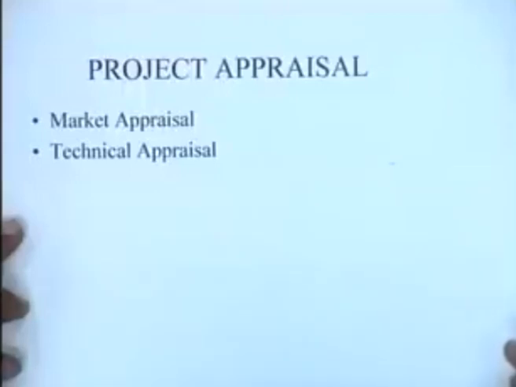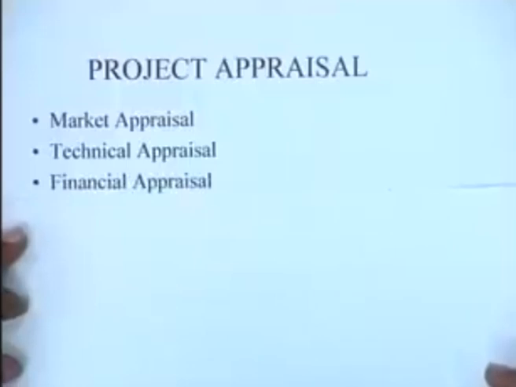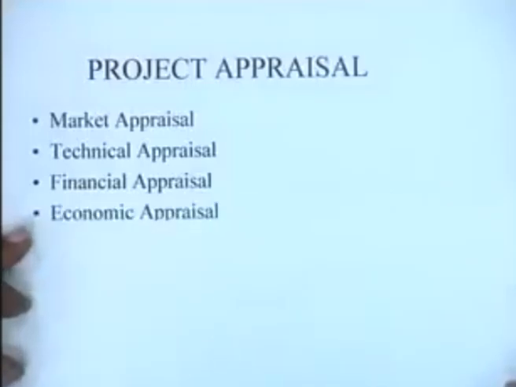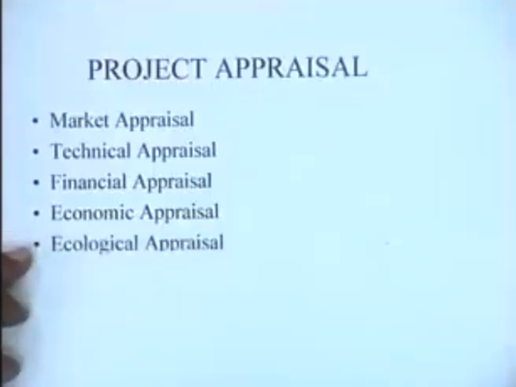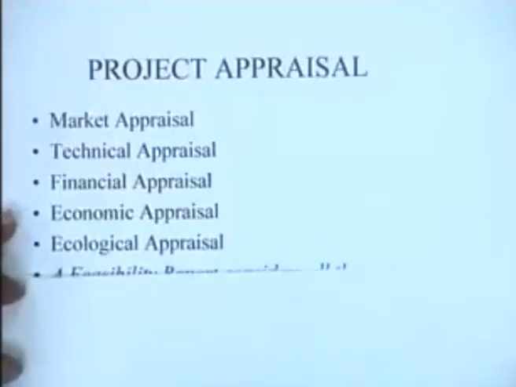A market appraisal is followed with a technical appraisal. A technical appraisal is followed by typically a financial appraisal of the project, and a financial appraisal is followed by an economic appraisal, which talks of the broader issues, and an ecological appraisal talking about how the project would affect the environment and things of this kind.